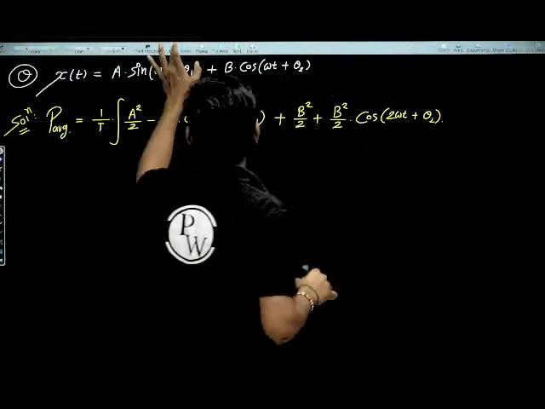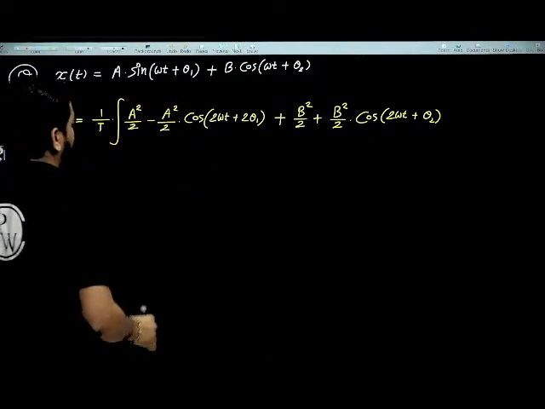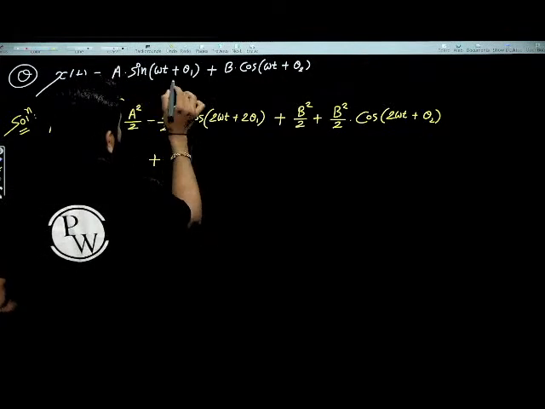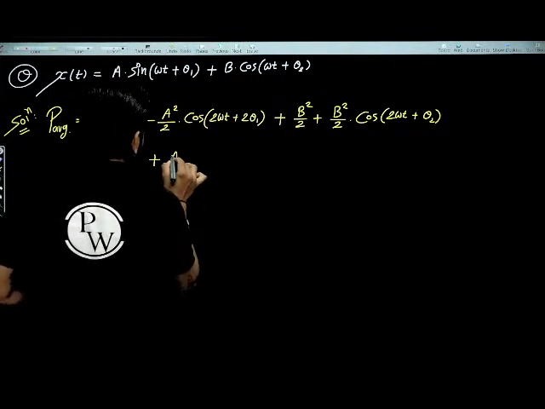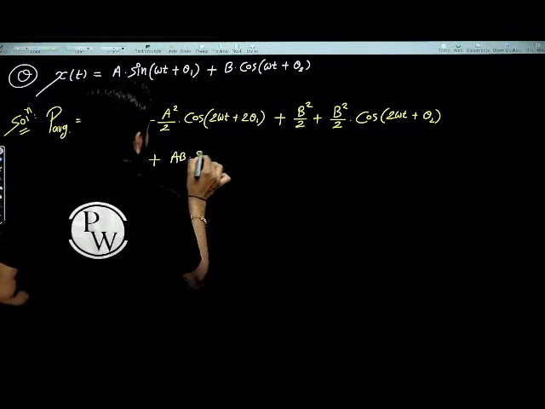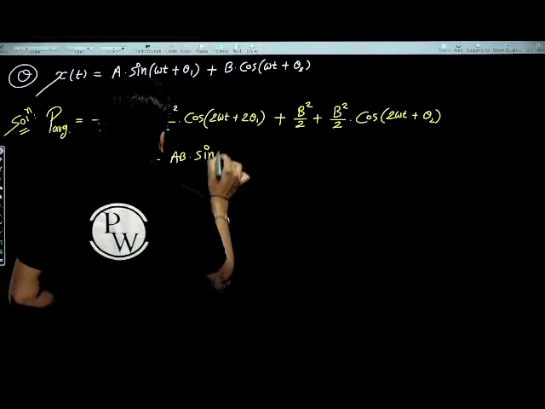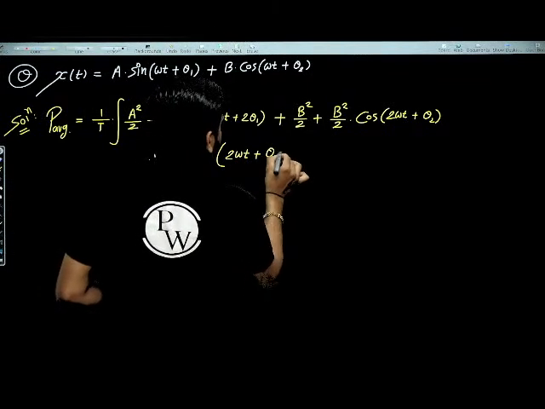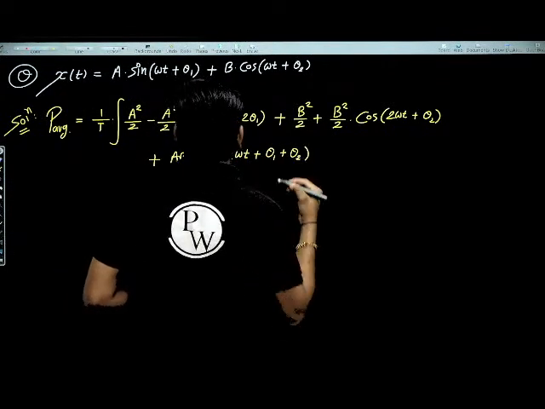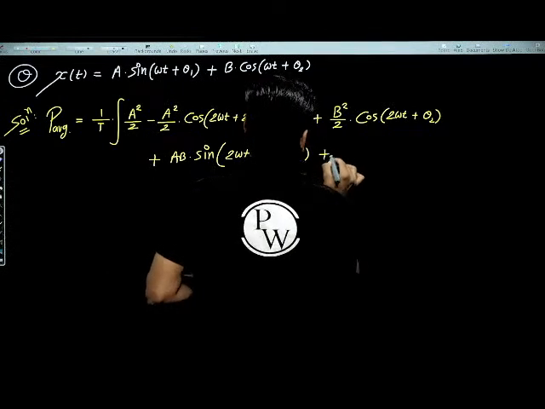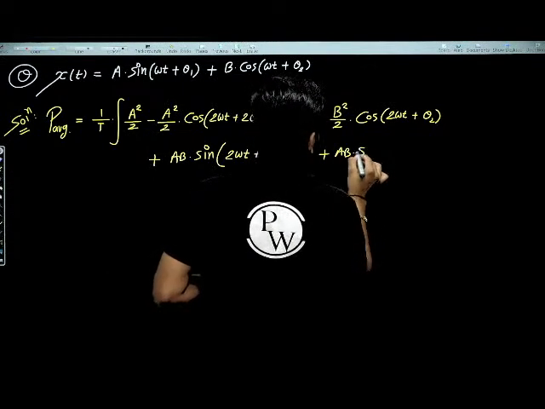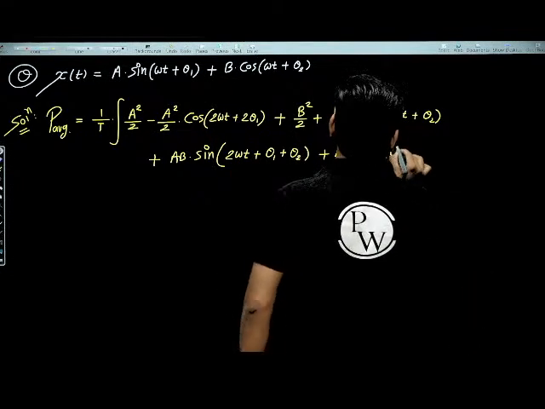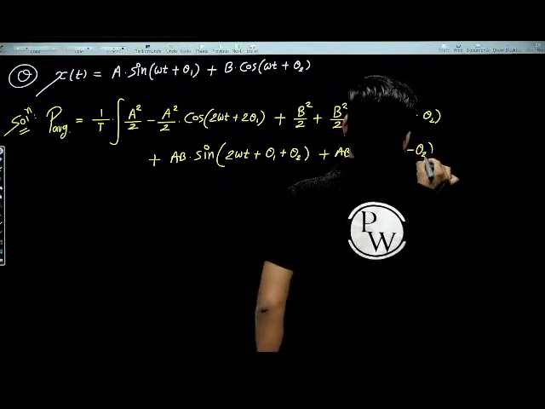But the third term is 2AB. So 2 into AB into sin(omega t plus theta 1) cos(omega t plus theta 2). So it is AB sin(2 omega t plus theta 1 plus theta 2) plus AB sin of the subtraction, so the subtraction will be theta 1 minus theta 2.